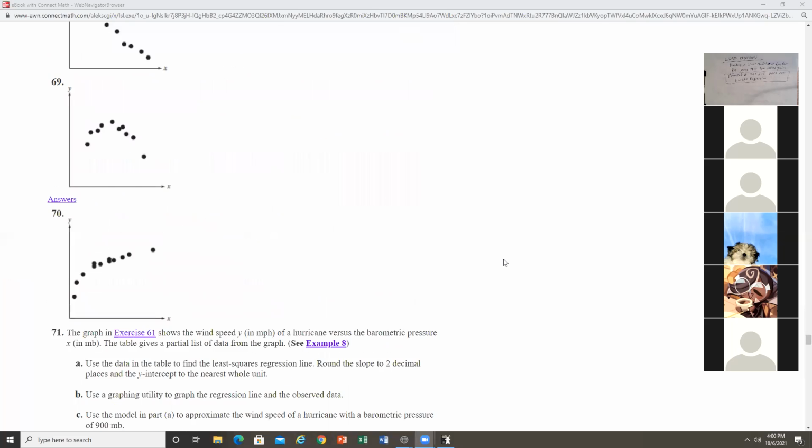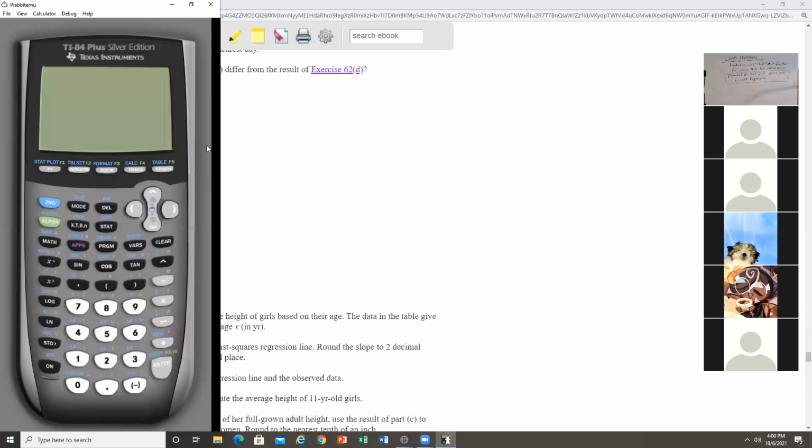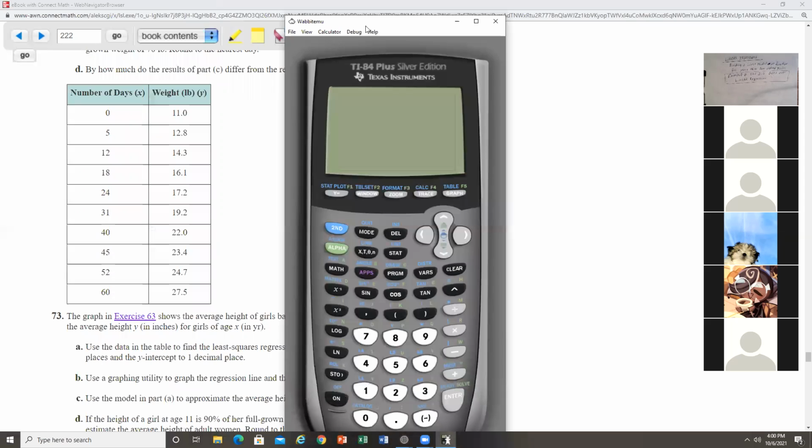So let's go back to our problem right here. Bring up your calculator. So here's the machine. Turn it on. Clear any garbage out.